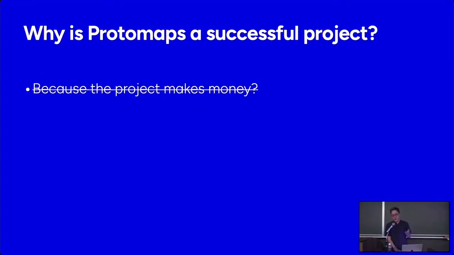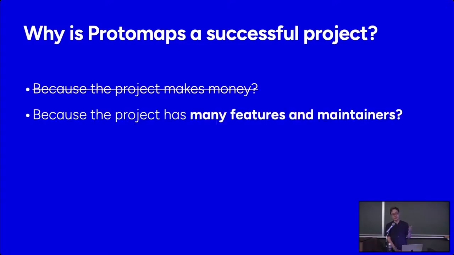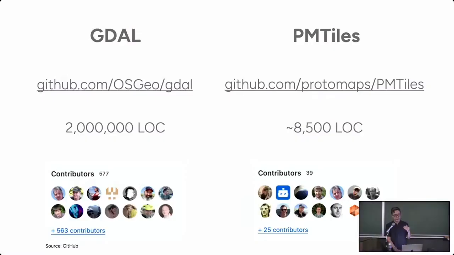So another question is, is a project successful if it has many features and many maintainers? If you look at some of the most successful projects in open source geospatial, you will see they have many format support and many features and hundreds of contributors.